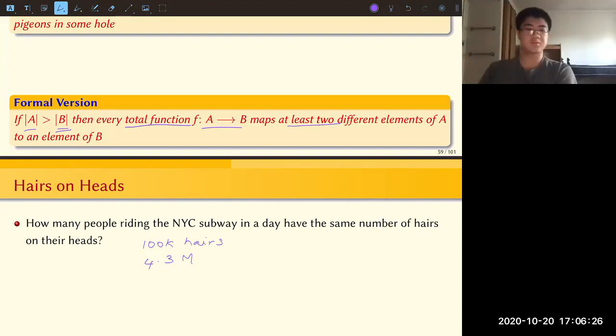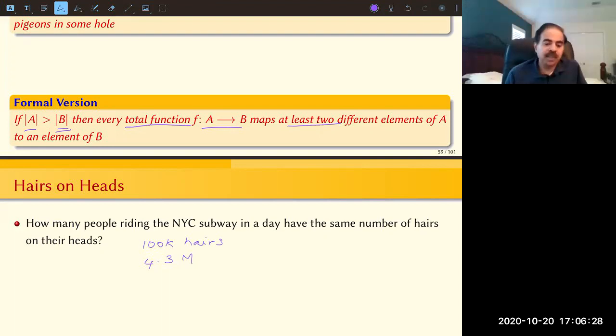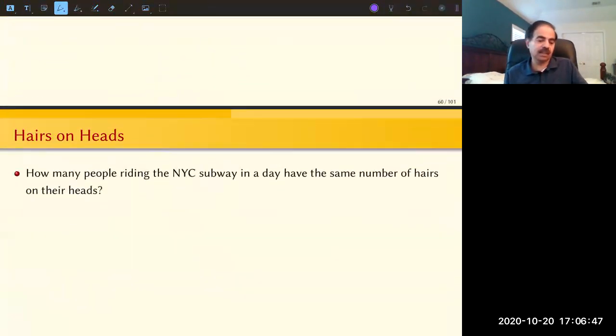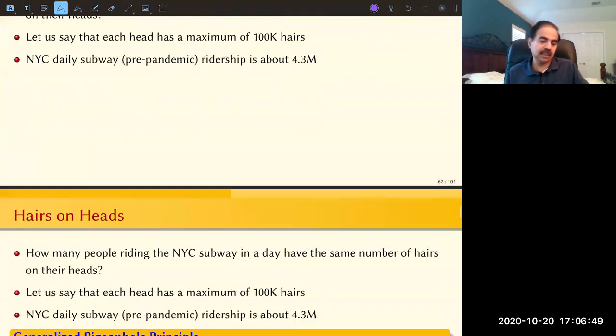Yes. So that's 43 for a million. What you can say is that, okay, so at least 43 people will have the same exact number of hairs, right? That you can assert.